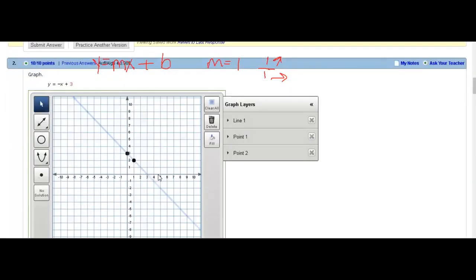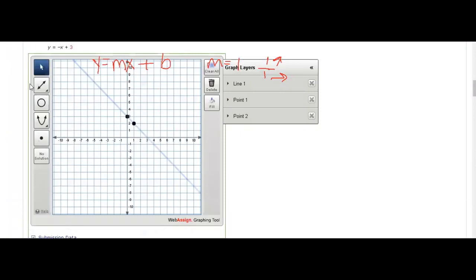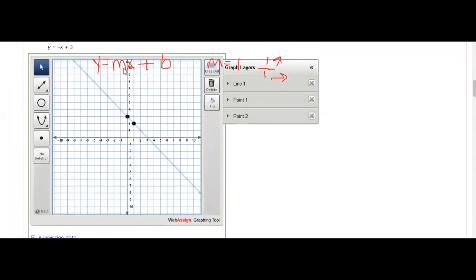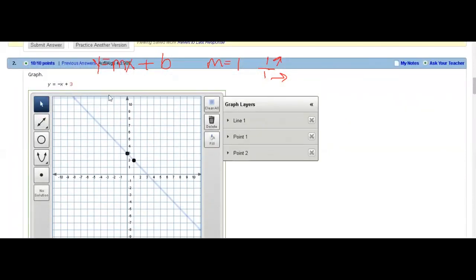Let's look at another one. We have y equals -x plus 3. So it's in slope-intercept form. So the plus 3 is our b, which is our y-intercept. So as you can see, I have a point here at 3 on the y-axis.